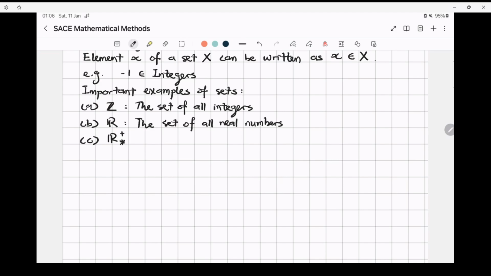This set is equivalent to this set, and by definition it is all x in the set of all real numbers such that x is greater than 0. What does this definition mean? This is basically the set of all positive real numbers.